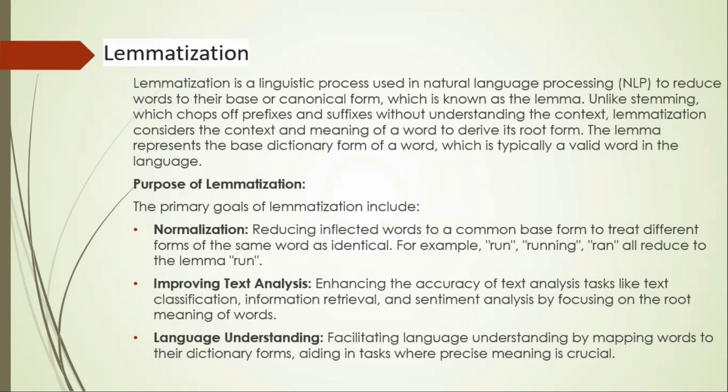The objective is very clear: normalization, to improve the text analysis and language understanding. Once we have done all this normalization, improving the efficiency and the text analysis tells us what exact information the prompt is looking for, by doing the classification of the information.